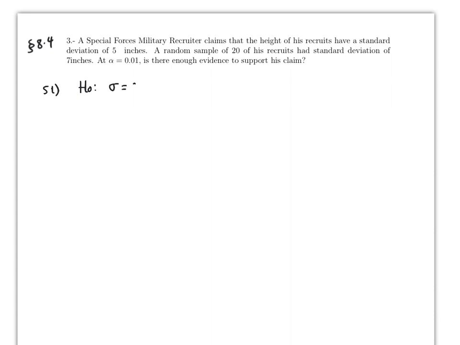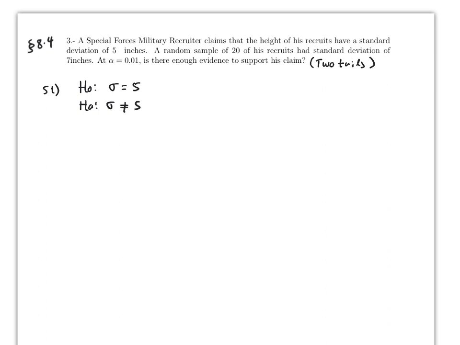So the standard deviation is equals to 5. That's the claim. We still need to figure out the alternative. So in this case, we're going to do this question 2 tails, because that's how it's going to be asked on the test. So this will be not equals to 5.